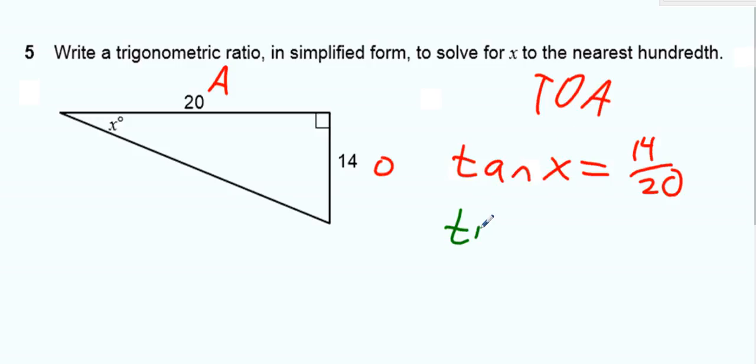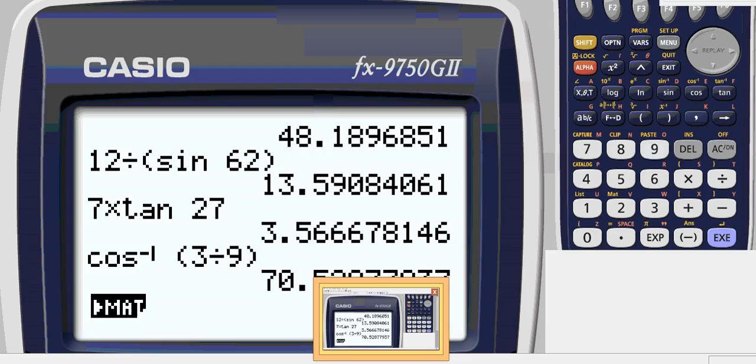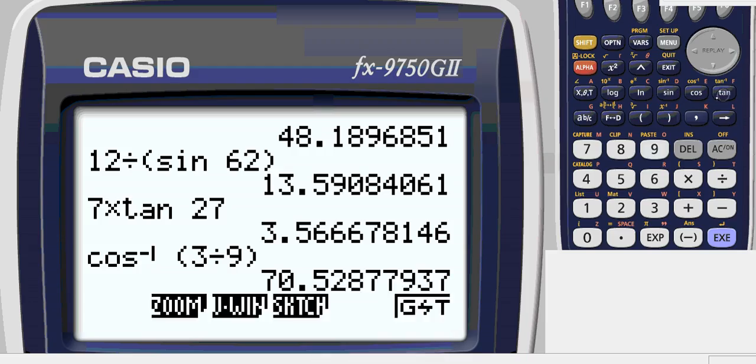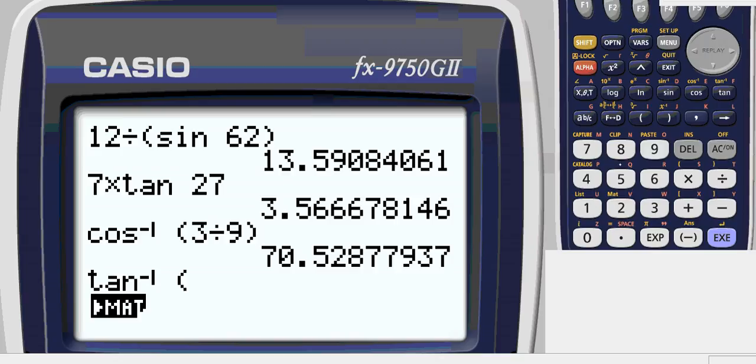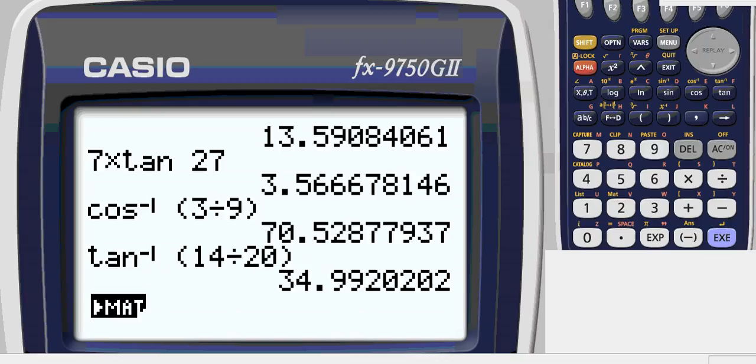So we're inverse tangent. 14 over 20 equals X. We get 35 degrees.